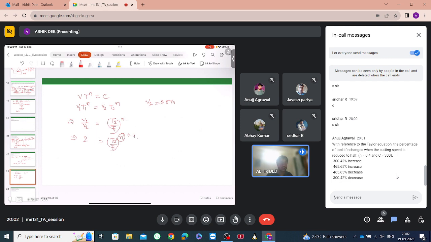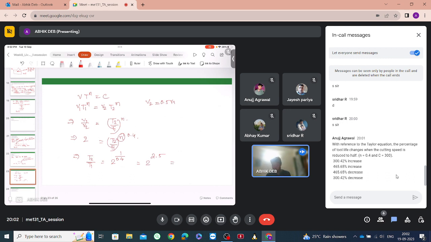So the percentage of tool life increase. T2 by T1 is equal to 2 to the power 1 by 0.4, right? So 1 by 0.4 is 2.5.